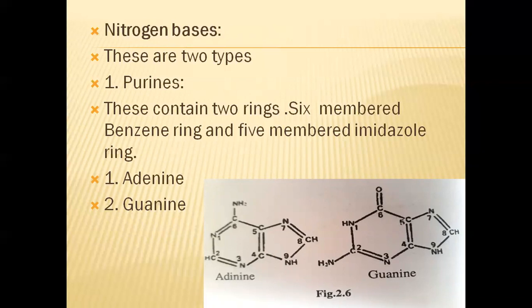They contain a 6-membered benzene ring and a 5-membered imidazole ring. So purines are of two types, adenine and guanine.